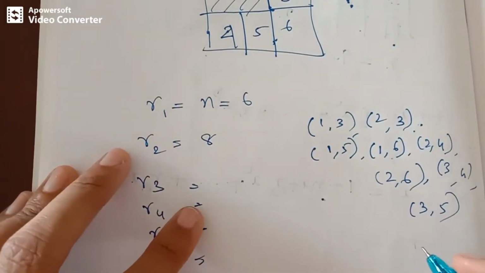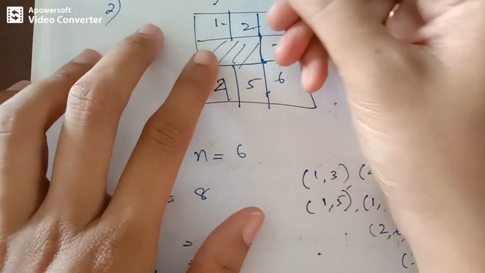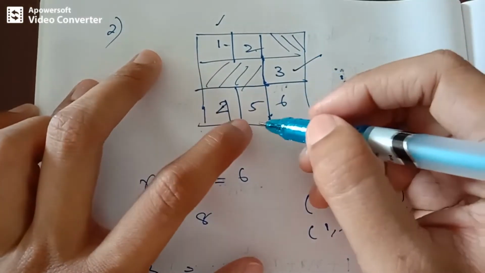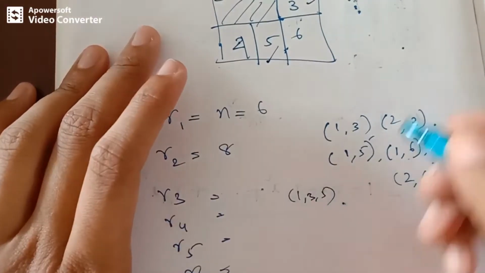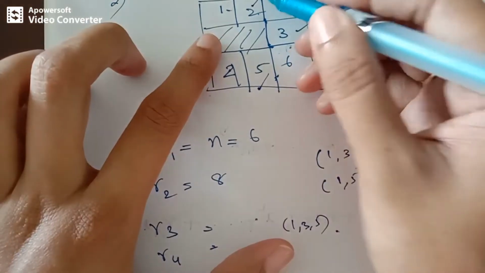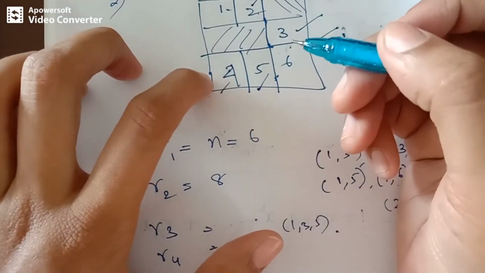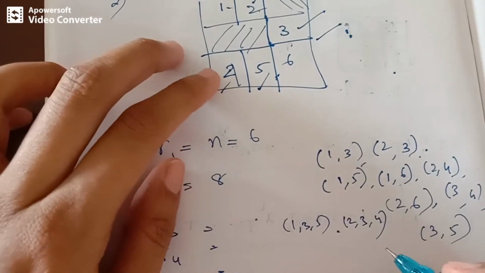Now we have to find 3 mutually non-capturing rooks. We can have one pawn placed here, the second pawn here, the third pawn here. That is, we can have the triple 1, 3, 5. We can have the triple 2, 3, 4. Can we have any other?